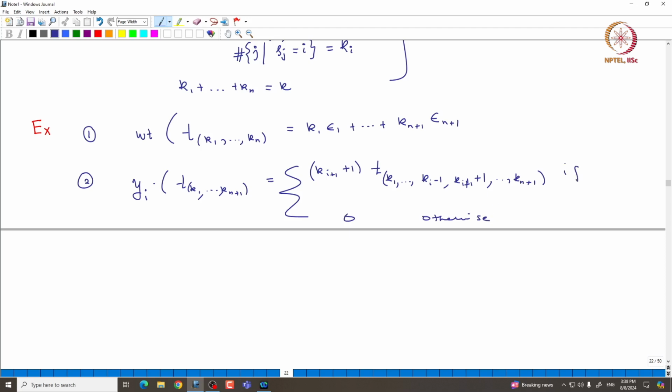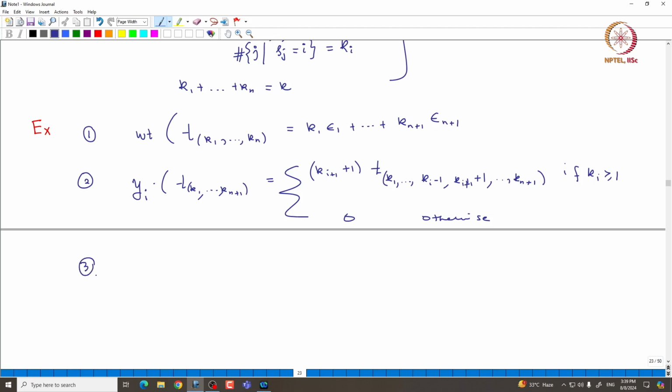This happens if k_i is greater than or equal to 1. Basically, you just drop the k_i by 1, and then add 1 to the next one. Note that the weights should match. Basically, y_i is going to decrease the weight by alpha_i. If you do the computation of weights, you can easily see that the weights match.